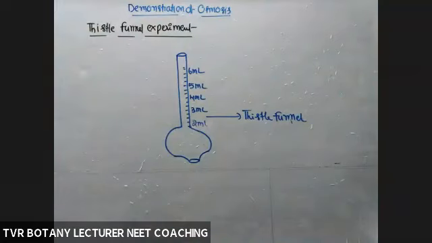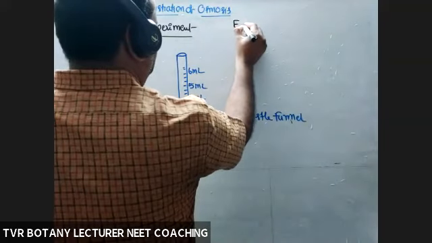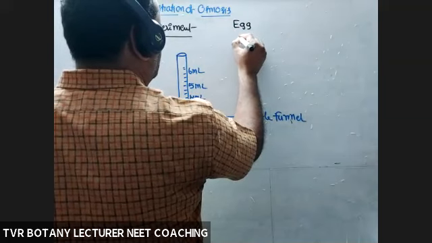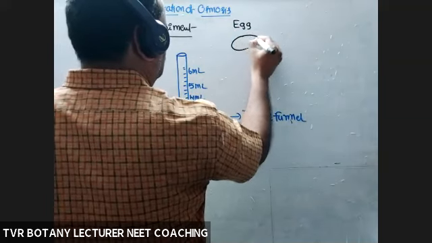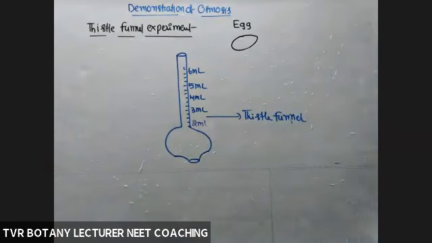Okay, so now we need a membrane, a semi-permeable membrane. For example, take an egg. So this is an egg. The outer coat is a hard shell, to which one membrane is attached. A white colored membrane is present.